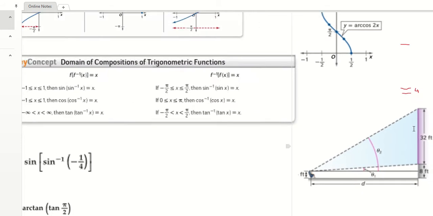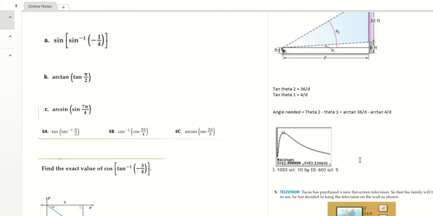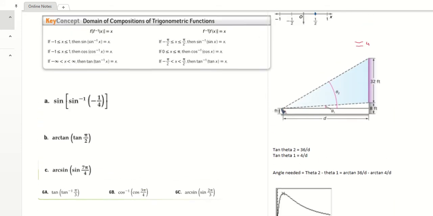Okay, now let's see another question. This question is about having the values, 32, all these values, and calculating the angle. What do we do? Inverse, right? So we've got y and x. When we have y and x, we need to use tangent.